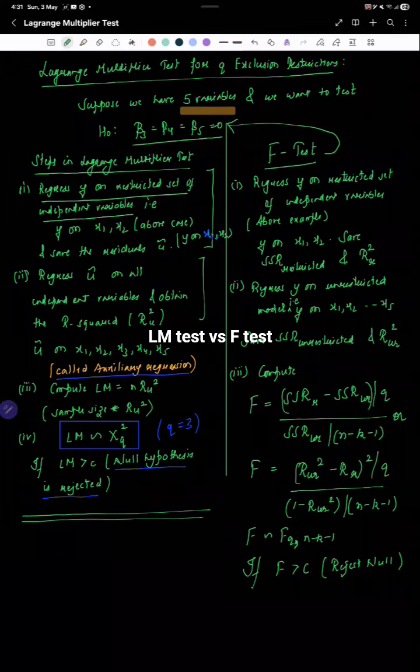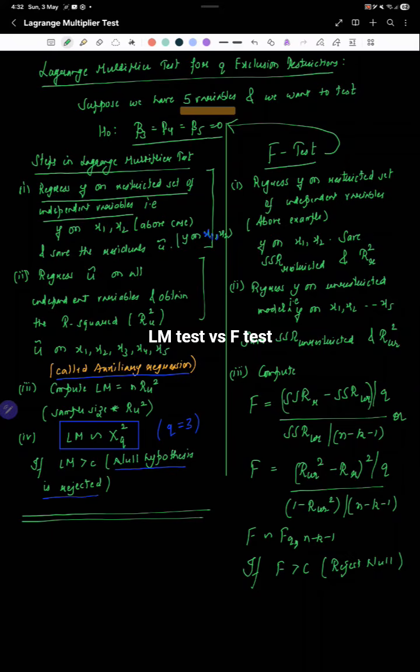On the right hand side I have written the steps involved for calculating the F statistic and conducting this F test. So first of all, you have to regress y on the restricted set of independent variables. Restricted means the ones which we don't want to jointly test, that is x1 and x2. We want to test x3, x4, x5 to be 0.